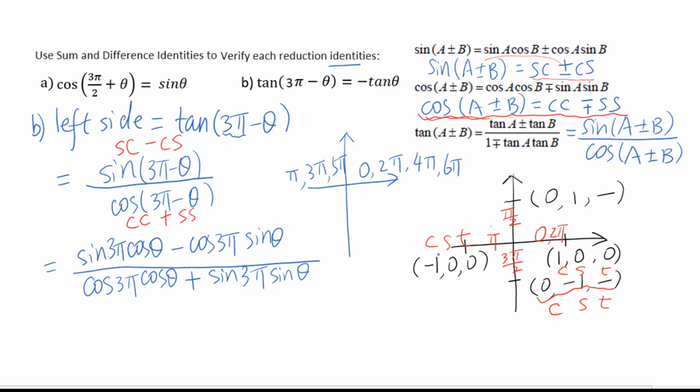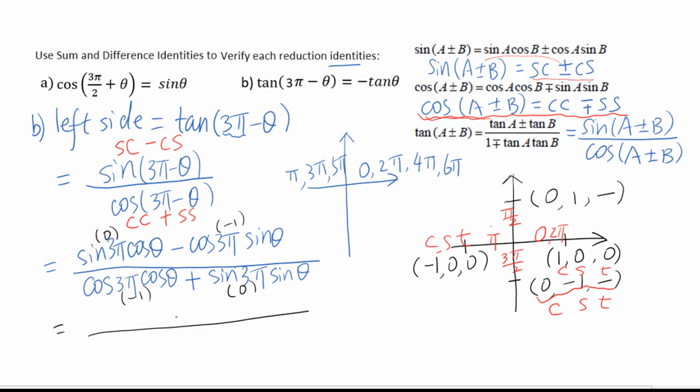Using CST, cosine 3 pi is -1. Sine 3 pi is 0. Therefore, you will get this. This will be 0. This is a -1, this is a -1, and here is a 0. So 0 times cosine theta is gone.